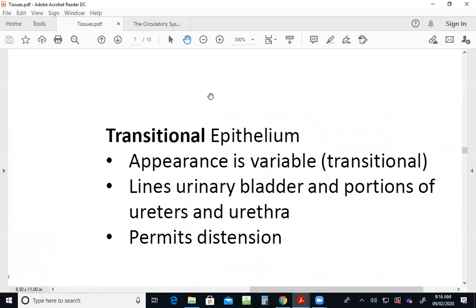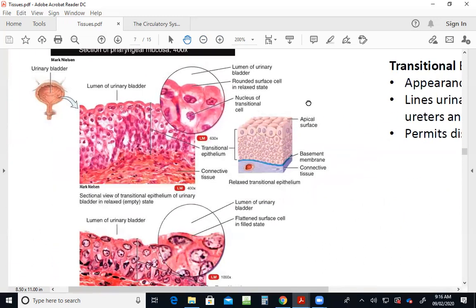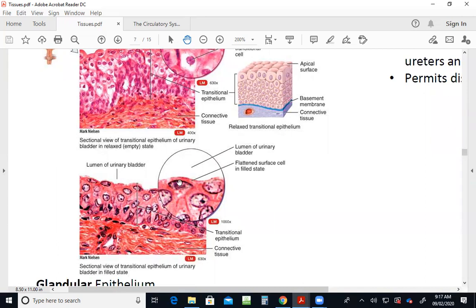Okay, transitional is not telling you the shape of the cells, but instead is telling you that the shapes are capable of changing, or variable, or transitional, hence the name. Like I was telling you the other day, they can be kind of cube shaped in one situation, but then flattened out. So really you need two pictures to show it. Here we can see nicely cube shaped, another layer of cube shaped, whereas down here they've flattened out a little bit more.